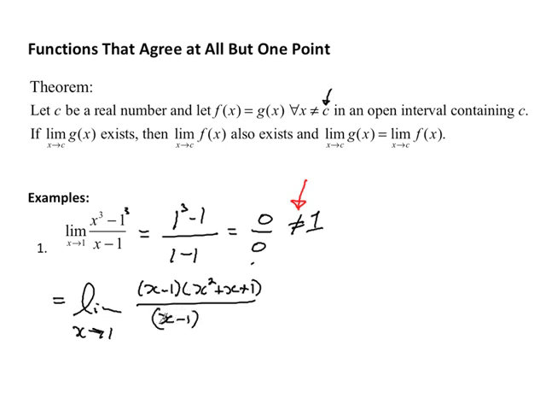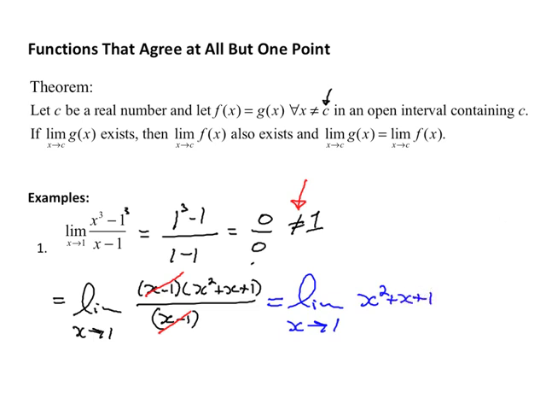And see, this x minus 1 is what's causing the problem, because when x approaches 1, I get 0 in the denominator. I'm approaching 0, so that's the issue. However, when I factor it out like this, I can see that these cancel. And what I end up with is the limit as x approaches 1 of what's left, x squared plus x plus 1.